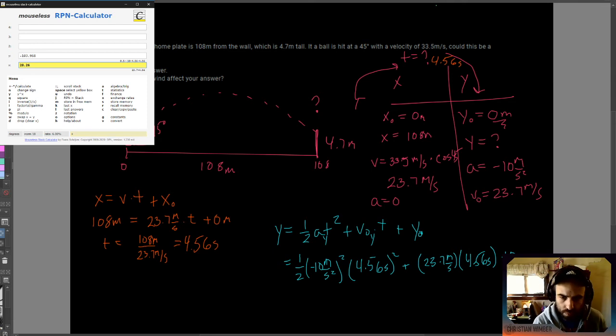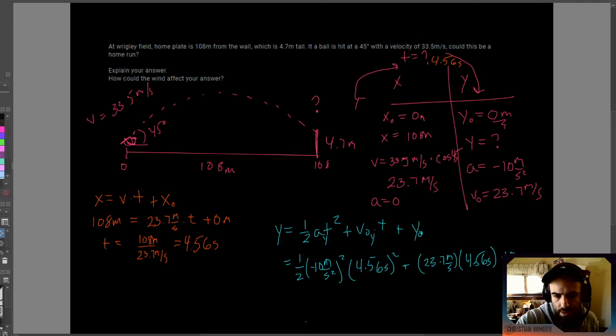Oops, I added instead of multiplied. And then we add those two things together and I get 4.1. Let's turn off my calculator so you guys can see that corner. This squared, by the way, should not have been there, my bad. I end up getting 4.1 meters. So that means that when the ball gets there, it's gonna just be short.